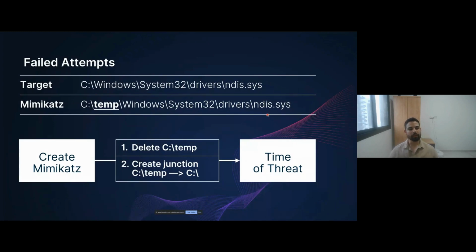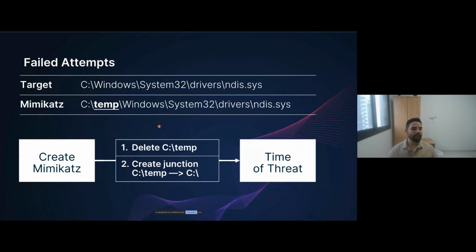The second behavior was that some EDRs had a very, very good grip on the Mimikatz file that I created, so I was not able to delete it, and I was also not able to delete the temp directory and create the junction instead.